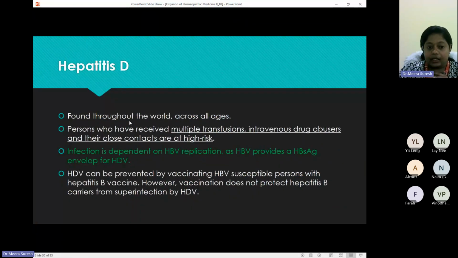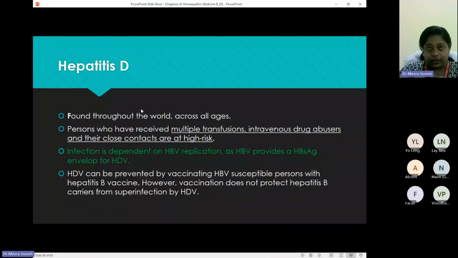Lastly, hepatitis D. It is found throughout the world across all ages. It can be received via multiple transfusions, intravenous drug abuse, and close contact. But in case of hepatitis D, this is one thing that you have to remember. Hepatitis D cannot infect a person on its own.